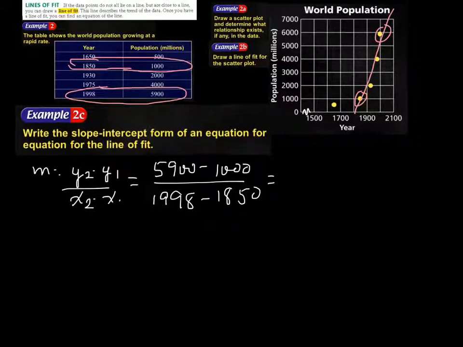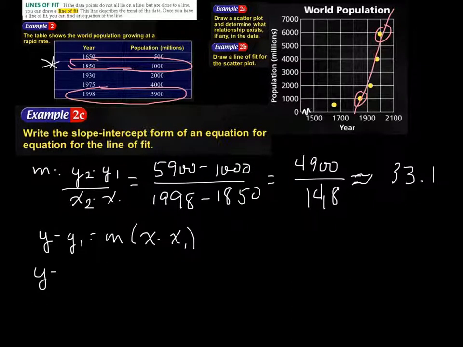So we get change in y of 4,900, and yes, I make cursive zeros, over change in x is 148, and so we get about 33.1 with some rounding.